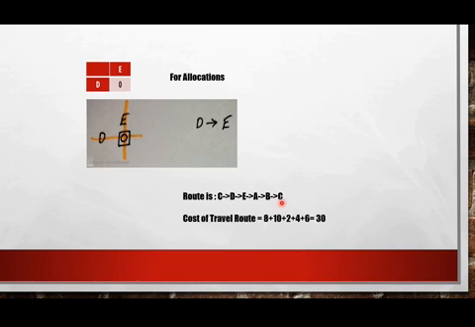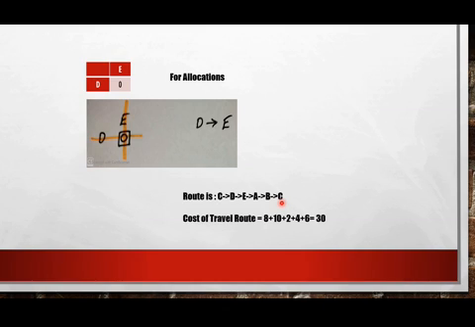B to C. Have you reached the starting point? Yes, you started with C, you ended at C. Have you visited all other cities exactly once? A you have visited once, B you have visited once, D you have visited once, E you have visited once. C is the starting point, so it is appearing 2 times. So I have got the route.